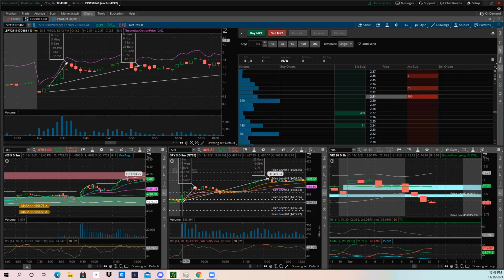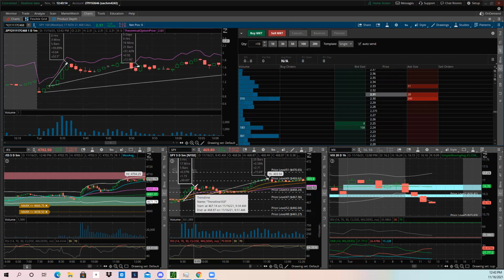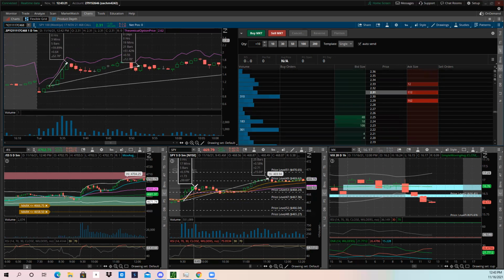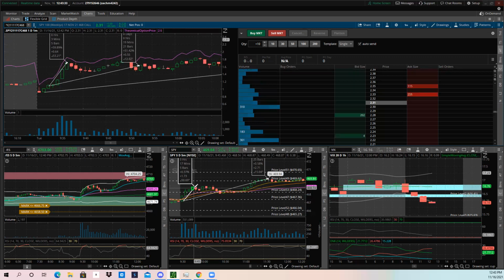If you notice on the actual SPY, this little run up from here to here was only 0.37% in stock price. But because we're day trading these highly volatile, near expiration date call options or put options, they're extremely volatile. The price is going to fluctuate dramatically.